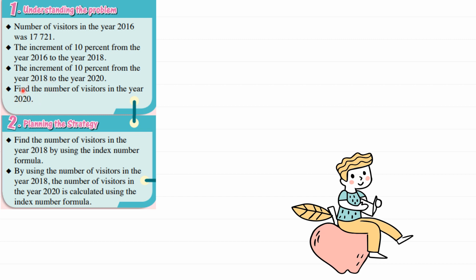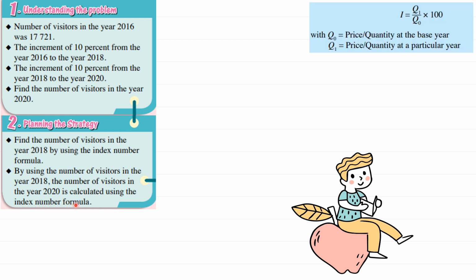Then, using the number of visitors in 2018 from the first step, you can calculate the number of visitors in the year 2020 using the formula for index number.